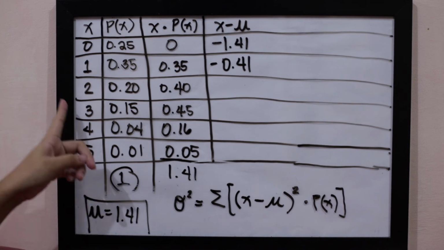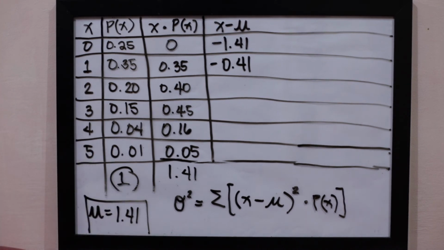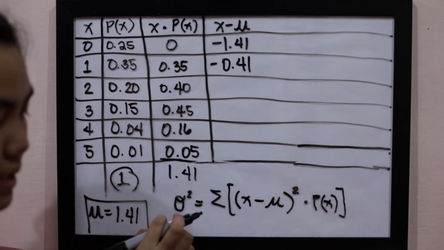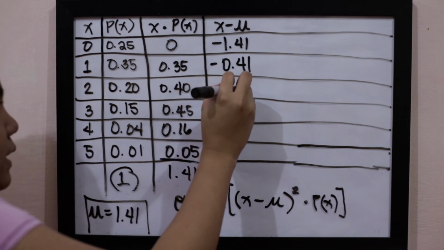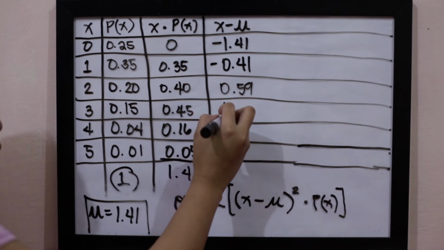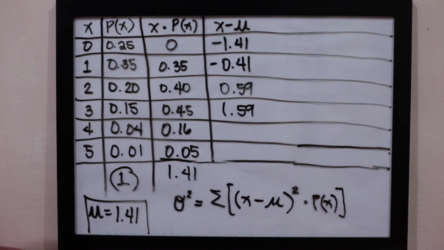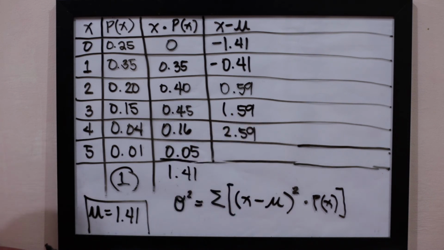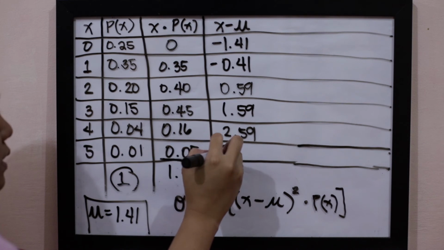Next, 2 minus 1.41. You may use your calculator po. This is just a minimal computation. So, 2 minus 1.41, the answer is 0.59. And then, 3 minus 1.41, the answer is 1.59. And then, next is 4 minus 1.41, the answer is 2.59. And then, 5 minus 1.41 is 3.59.